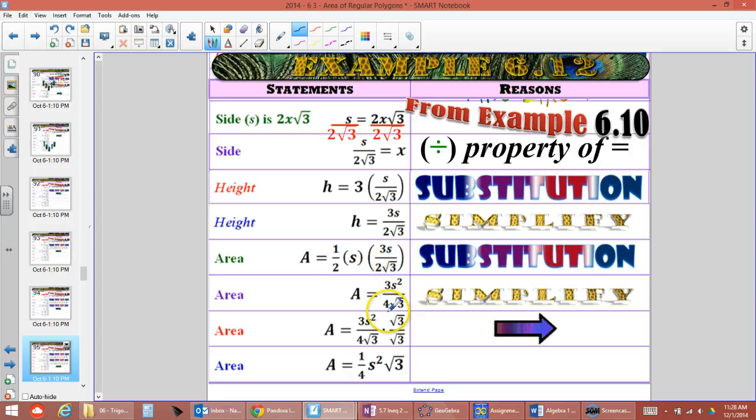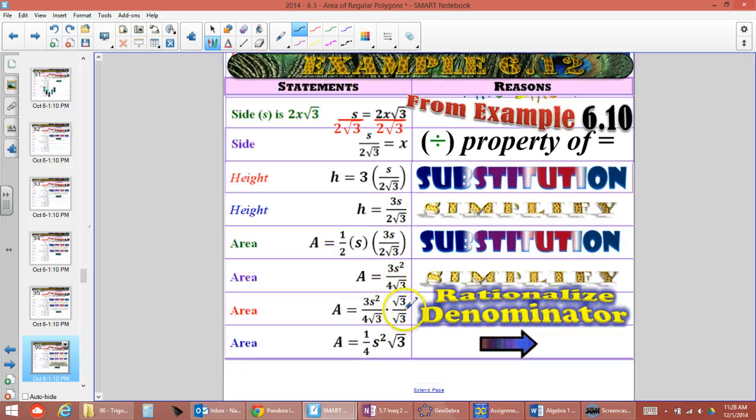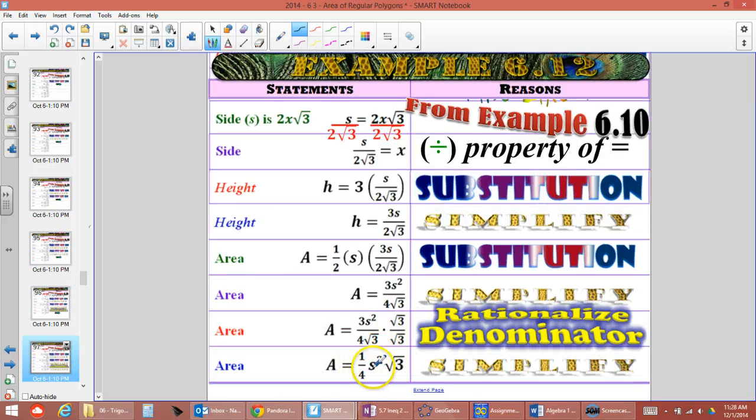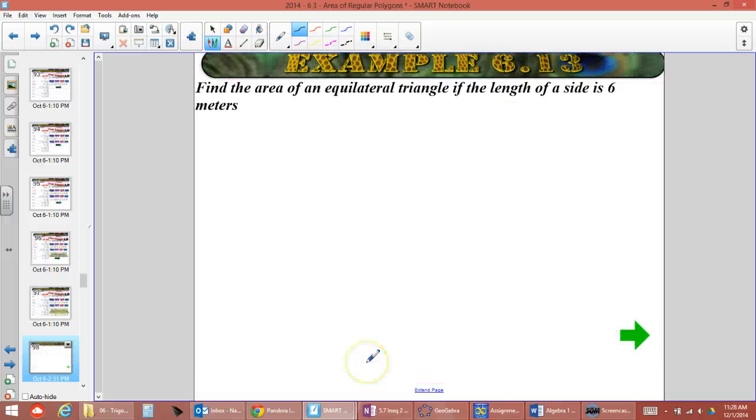So I end up with, simplifying the expression, 3 s squared over 4 root 3. I have to rationalize the denominator. I multiply by root 3 over root 3, and I end up with 1/4 s squared root 3. This formula is the formula for the area of an equilateral triangle just based on the side length.